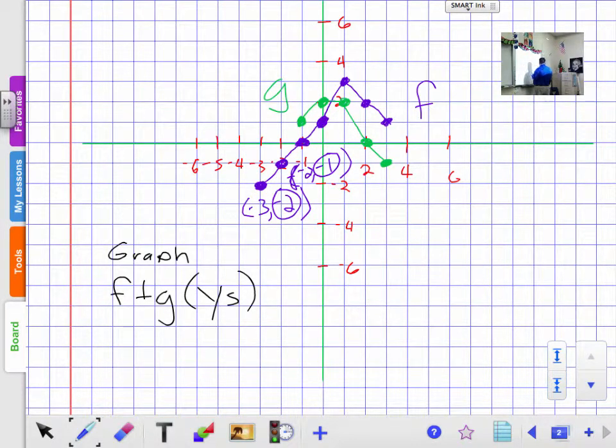And so I'm going to draw a little table of values here for F. We're looking at the X, Y values. I've got X values at -3, -2, -1, 0, 1, 2, and 3.